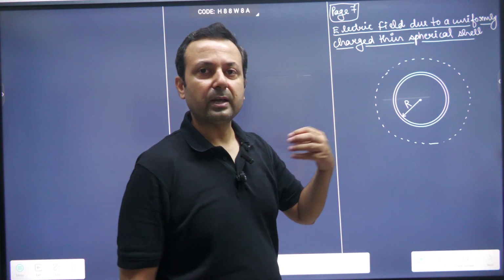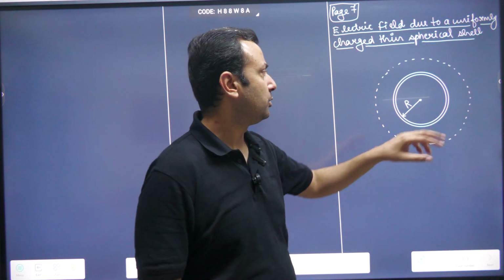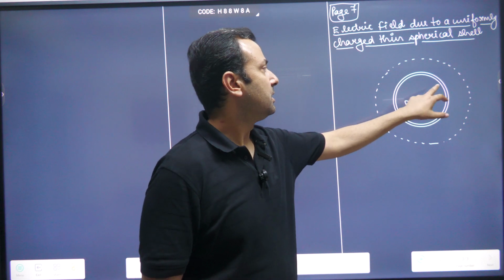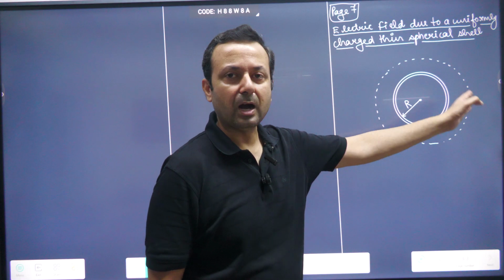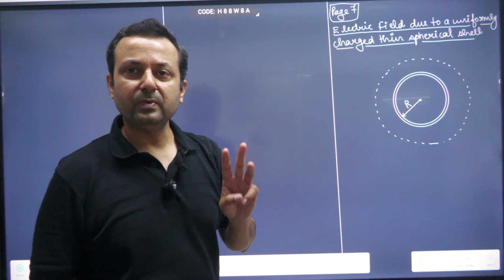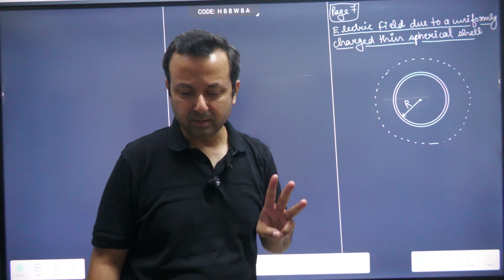The point P where I want to calculate the electric field could be inside the spherical shell, on the spherical shell, or outside it. So we will consider three cases.